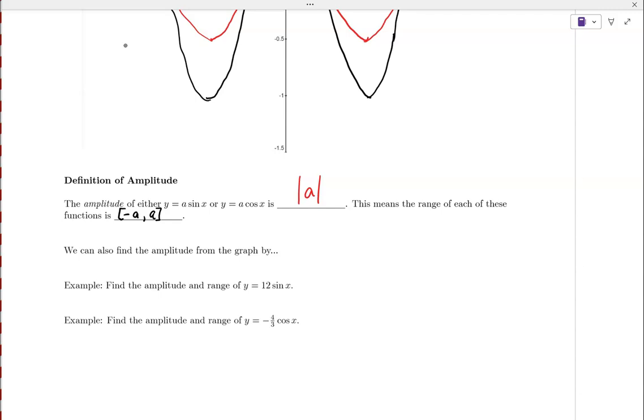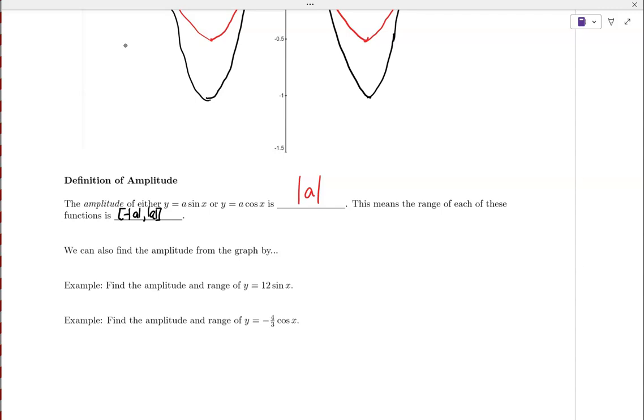And I should put absolute value bars around that because a could be negative. Just to make sure I'm hyper technical about it. The bottom number needs to be a negative number, and the top number needs to be a positive number. So if a is negative, I need to make it positive. So put absolute values on it.